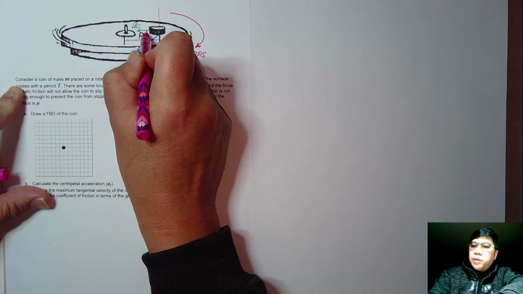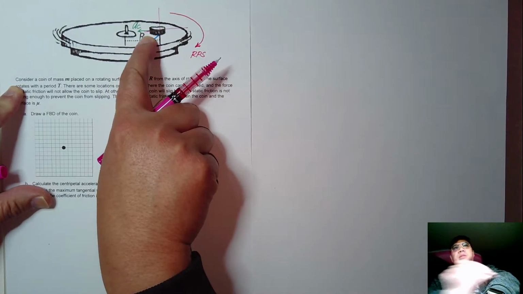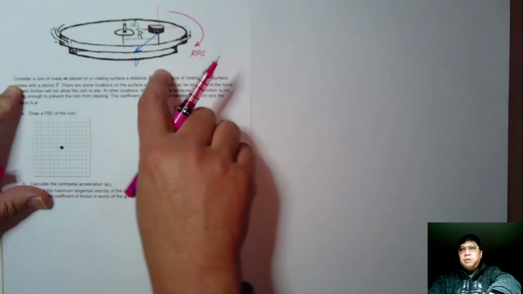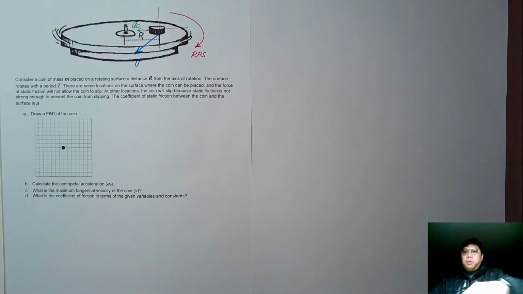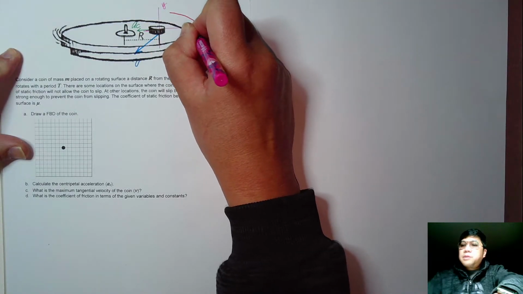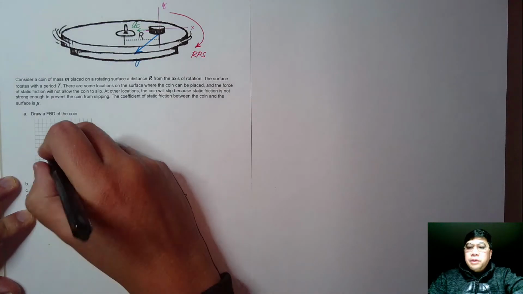If you notice, the centripetal acceleration is actually along the x-axis of that imaginary x and y coordinates on our coin. So this is our x. The first force acting on the object would definitely be our force of gravity.